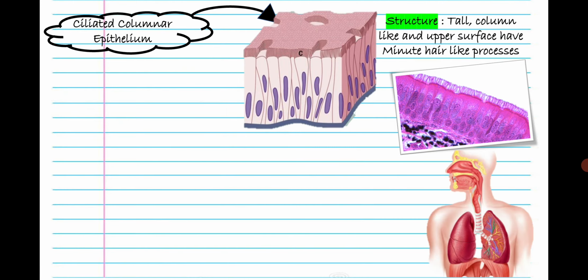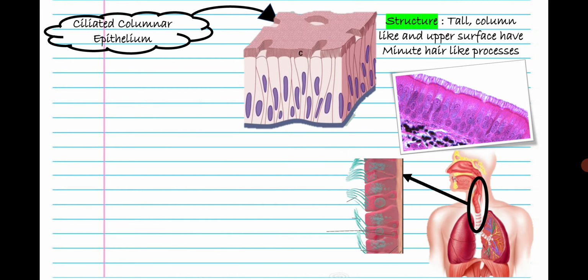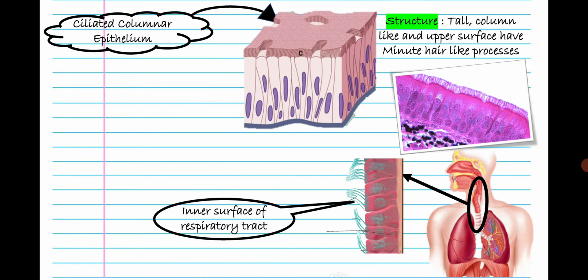Where are these tissues present? Yes, they are present in our respiratory tract, on the inner surface of the respiratory system. What is the function of ciliated columnar epithelium tissue?